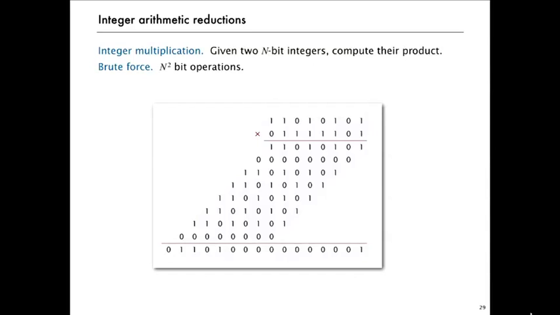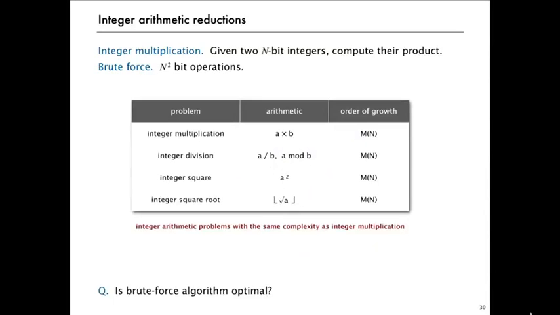But nowadays, people are doing integer multiplication on huge integers because mathematical properties of integers play an important role in cryptography and other applications. So people are interested in algorithms that are faster than quadratic for something like integer multiplication.